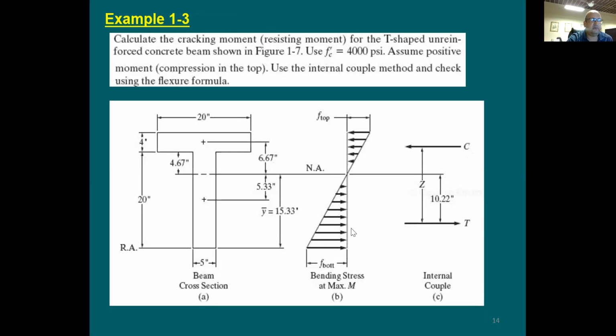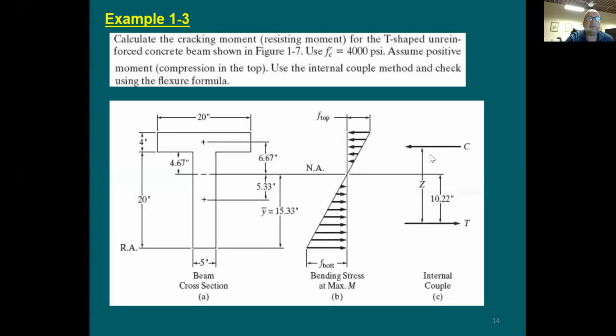It's going to be equal to the 474, the stress, times 15.33, times 5, divided by 2. It's going to be the stress block value. With that, I have tension and compression. The tension force location, I know, is going to be at 2/3 from the neutral axis to the centroid of this triangular shape. It's going to be 10.22. How is that? 15.33 times 2/3.